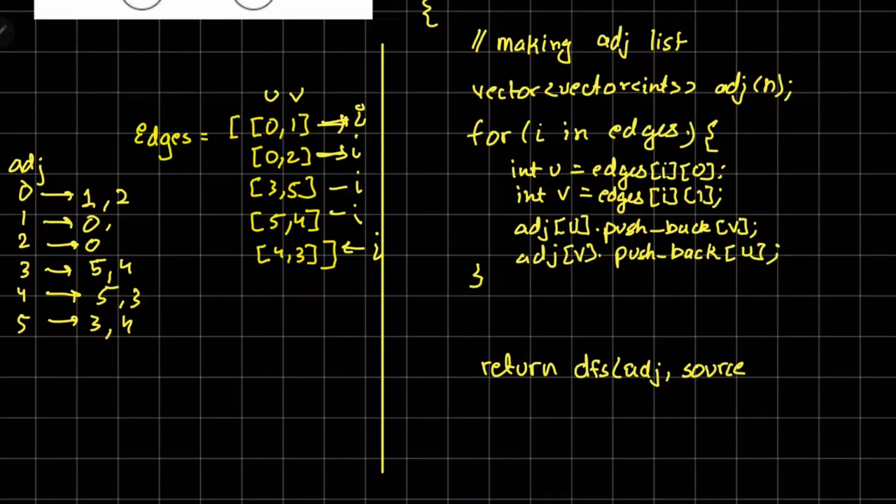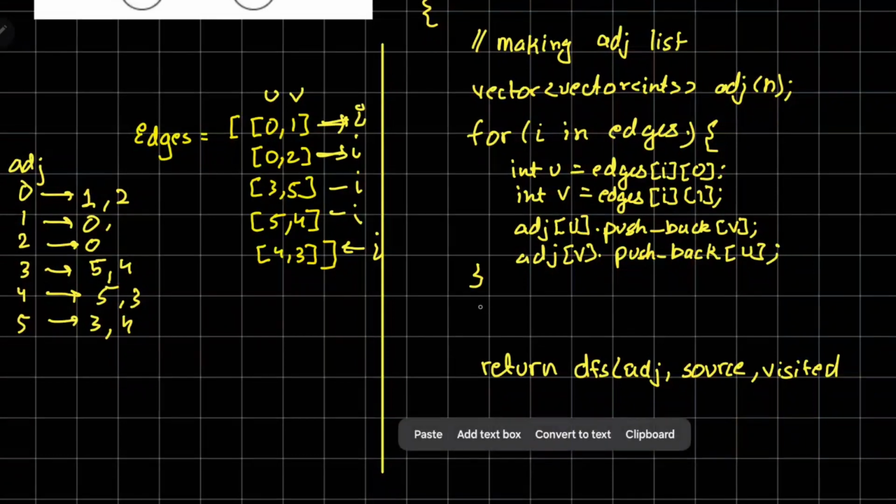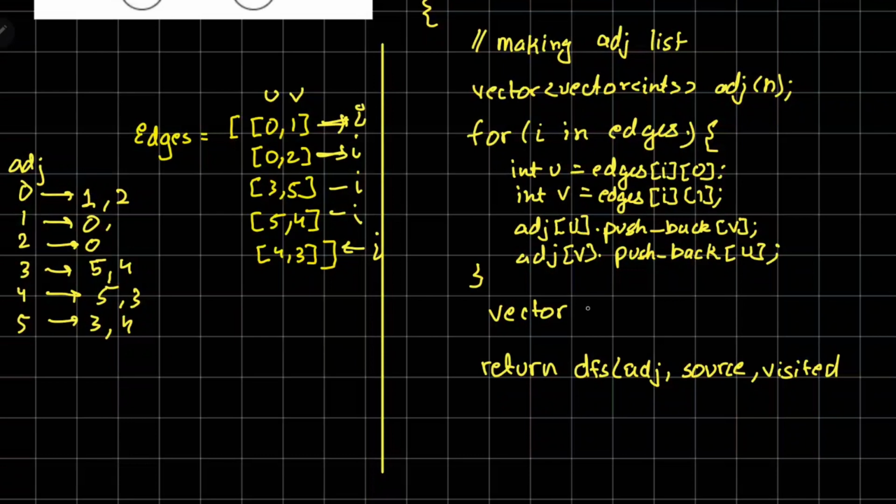I meant DFS will be of bool type, so it will return true or false. We will need a visited array here, as we have discussed. So we will have to make a vector of int visited. Okay, let's make it vector of bool.